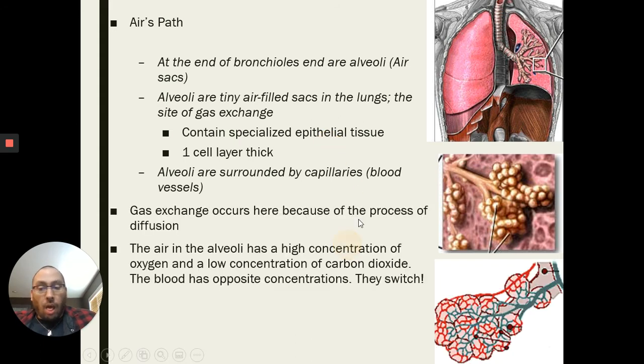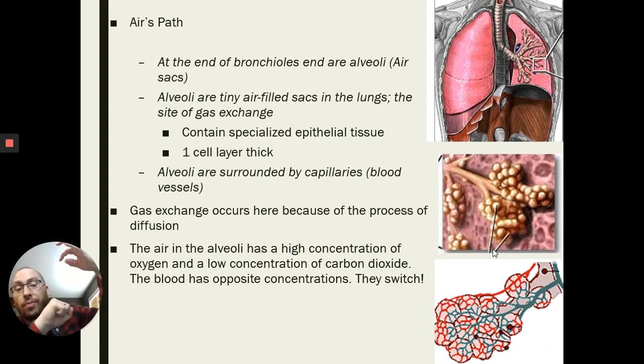And we've talked about the process of diffusion. This is how it happens. Gas exchange occurs because of diffusion. There was a reason we were talking about that stuff. The air in the alveoli has a very high concentration of oxygen, since when we breathe in, we're sucking in the oxygen, and a low concentration of carbon dioxide. The blood that surrounds the alveoli will have a low concentration of oxygen and a high concentration of carbon dioxide.